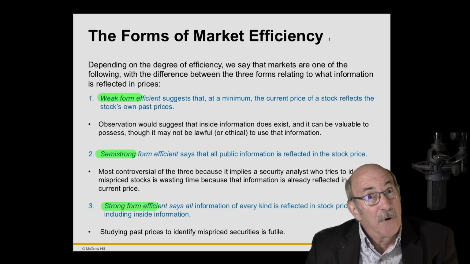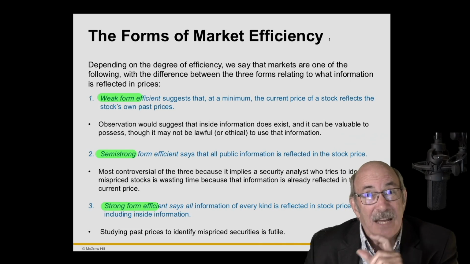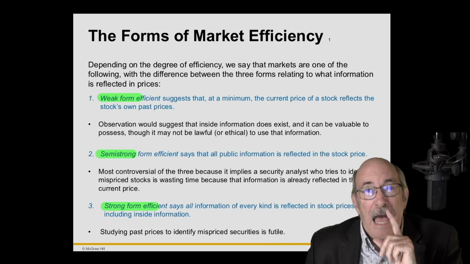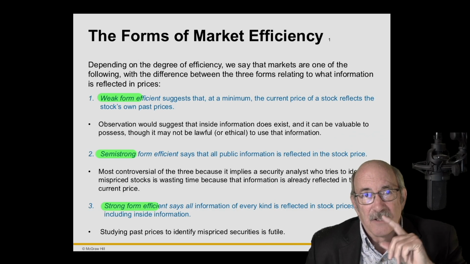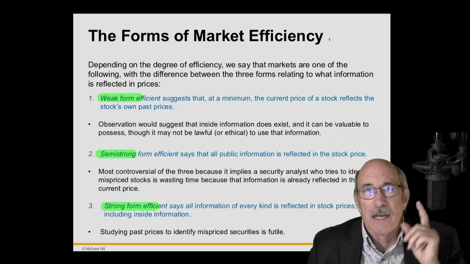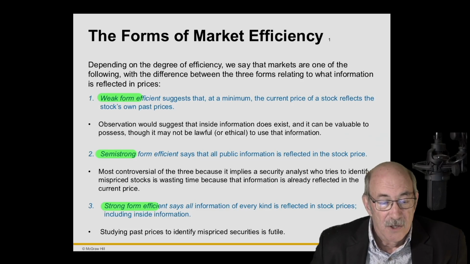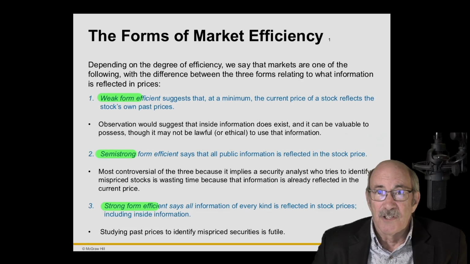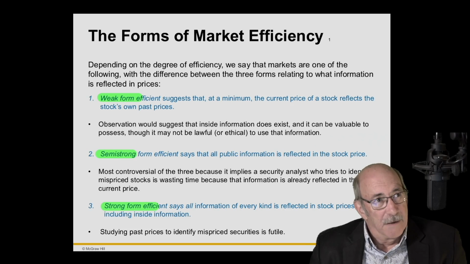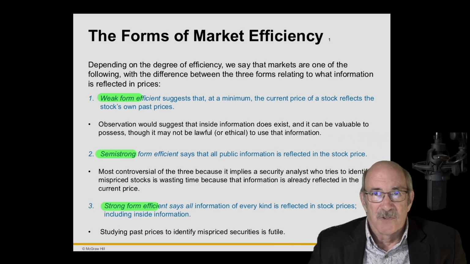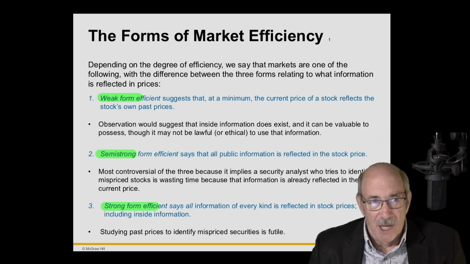And if it's not reflected in the price of the stock, then it means I can use that information to make abnormal returns. That is money that I should not be getting if markets were efficient. So weak form efficiency simply means that I can analyze the heck out of the price series and the volume series, and I still can't make more than the expected return. I can't make abnormal profits on it.